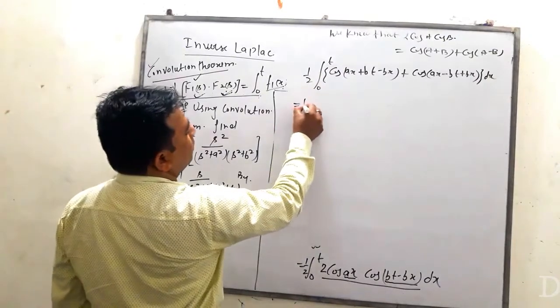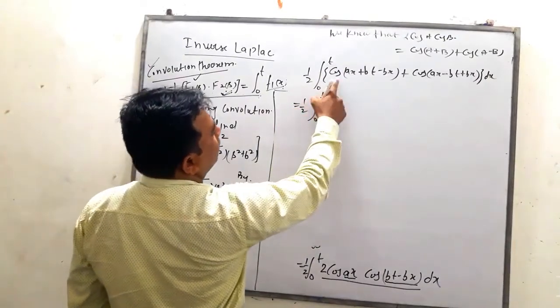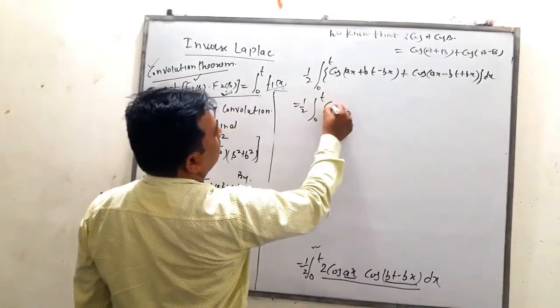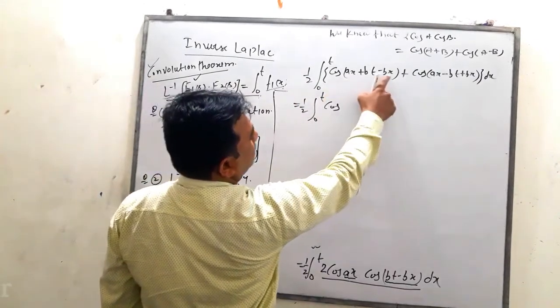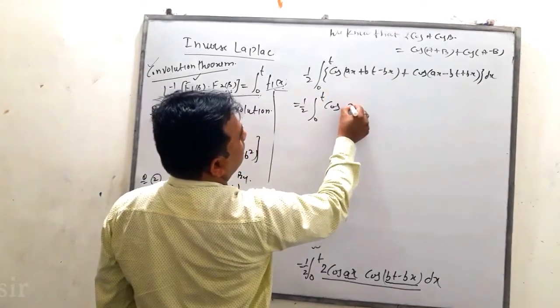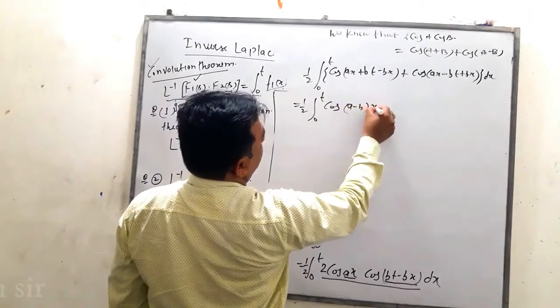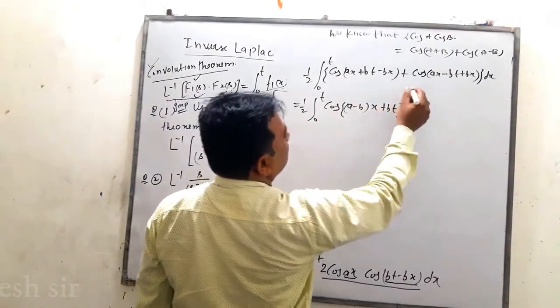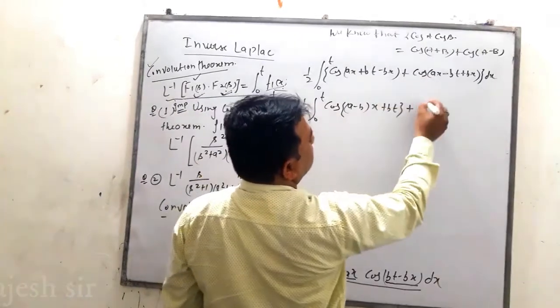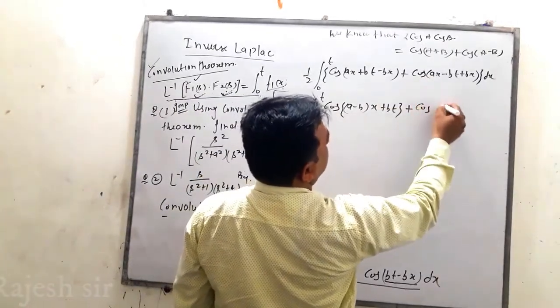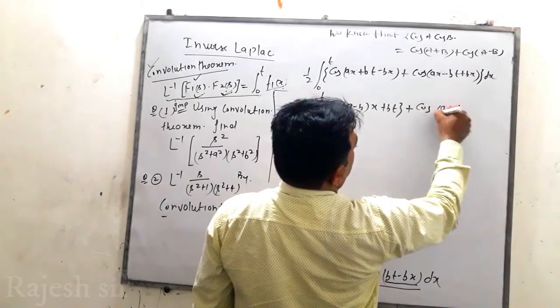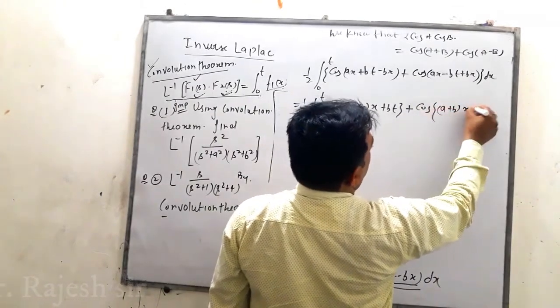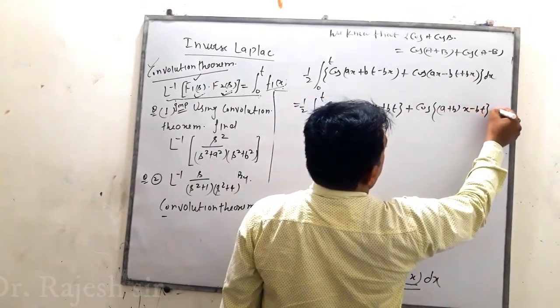Now 1 by 2, integral from 0 to t of cos((a minus b)x plus bt) plus cos((a plus b)x minus bt) dx.